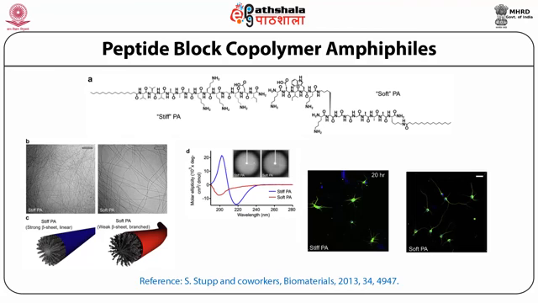They see that when they incubate the stem cells in different peptide amphiphiles, in the case of soft peptide amphiphile, they get differentiated into neuronal cells. But in the other case, where they have used stiff peptide amphiphile, after 28 hours they develop astrocytes.